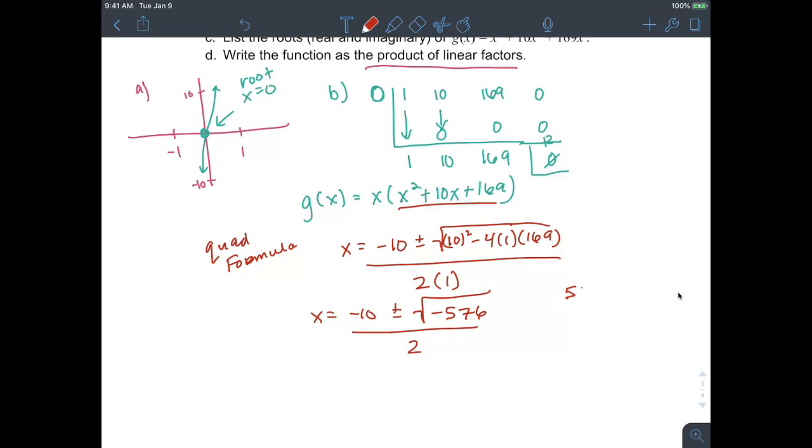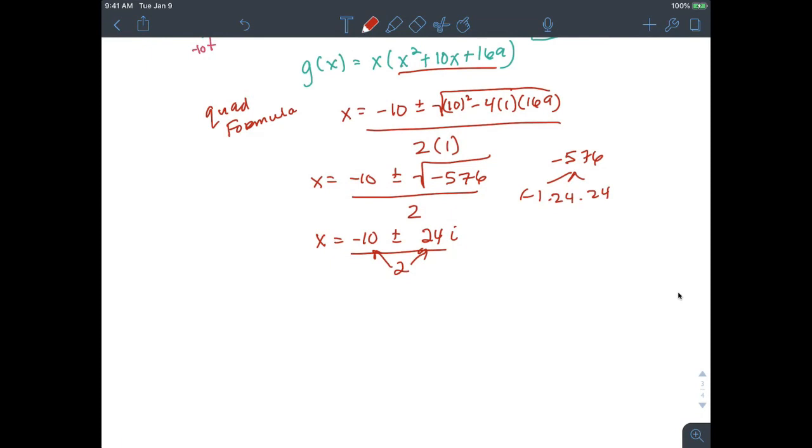It is 24 times 24. And then since it's a negative, we're multiplying by negative 1. The square root of negative 1 is i. So I get 24i over 2. Then we're going to divide to simplify. Make sure you divide into both terms. So x is equal to negative 5 plus or minus 12i.